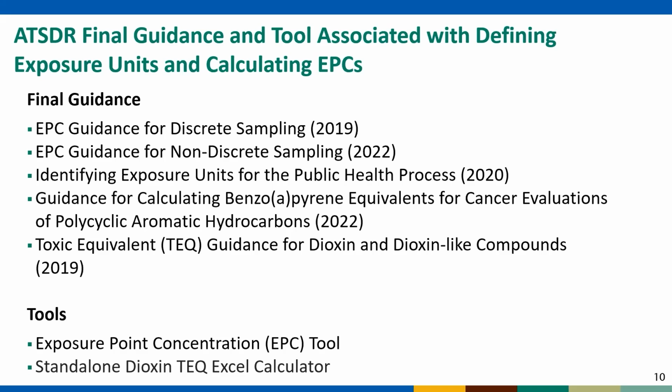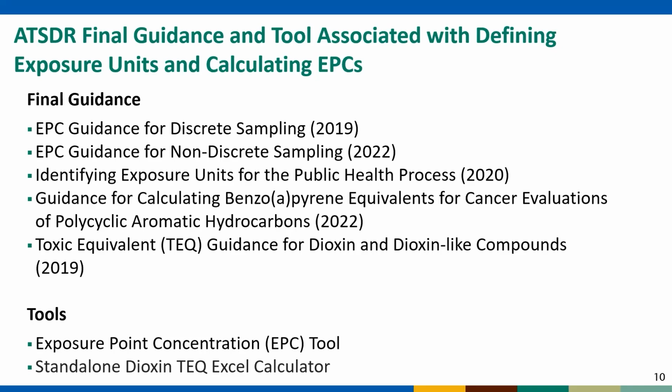Both the dioxin guidance and PAH guidance were used to develop the EPC tool, which should now be used to calculate EPCs for both these chemical classes, as well as all other chemicals at your site. More information about how to do this is in the dioxin and PAH training videos available from the FAST resource page.